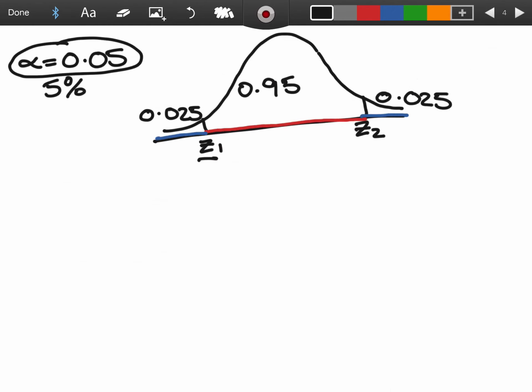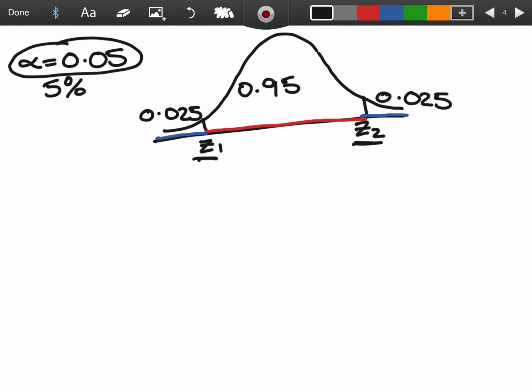You're going to test it against these two values. If it's greater than z2, we're going to reject the null hypothesis. If it's less than z1, we're going to reject the null hypothesis. But any value, if that z value lies between z1 and z2, we're fine.